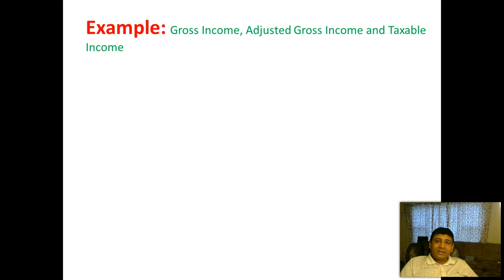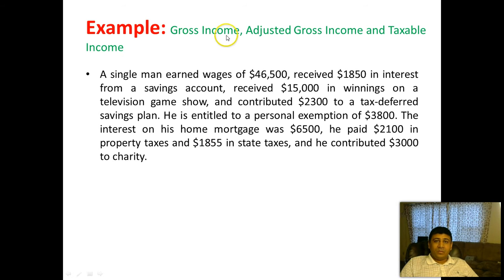I think things can be explained more easily if we look at an example. This example is about gross income, adjusted gross income, and taxable income, and how to find those three things which we talked about in the previous slide. For example, a single man, you or myself, earned a salary of $46,500.